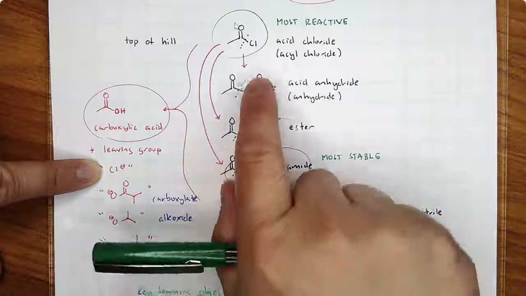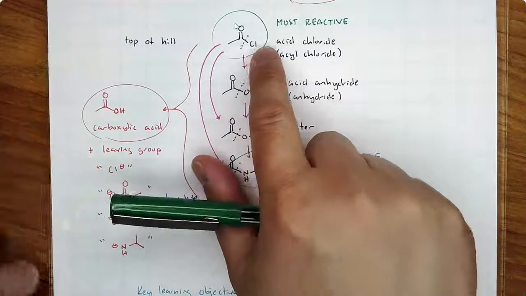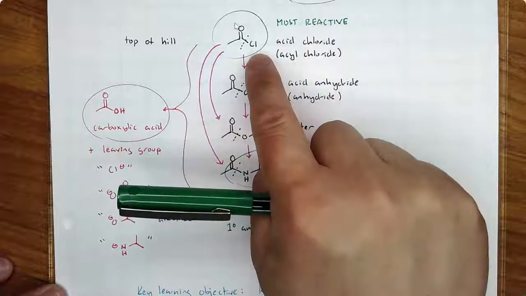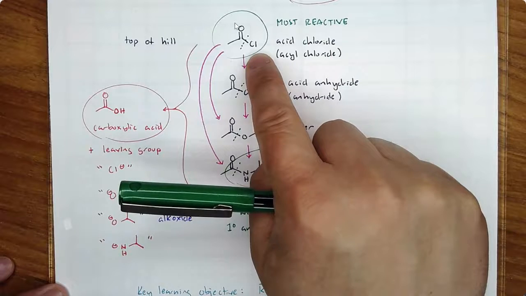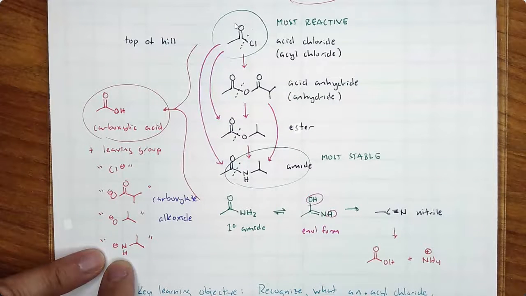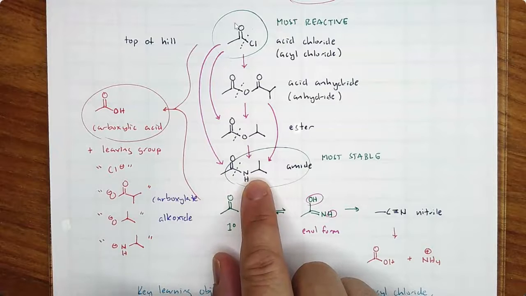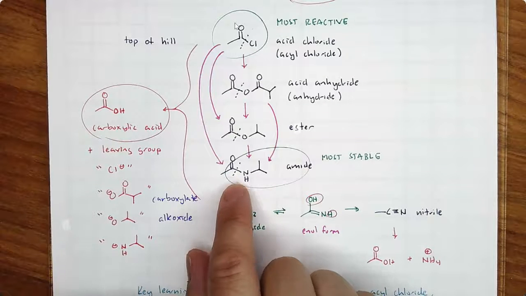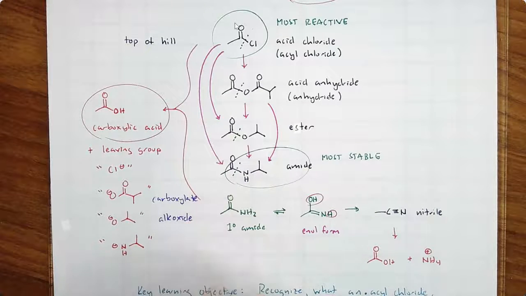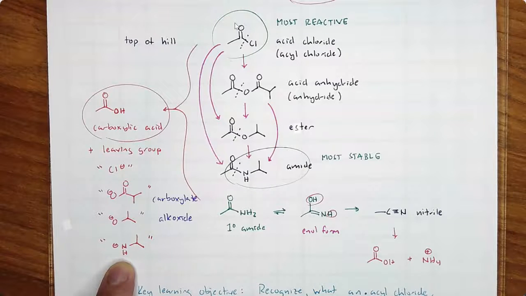So the more stable the leaving group, the more reactive, the more likely that molecule is going to undergo a reaction. The less stable the leaving group is, well, that molecule here has no really strong motivation to do any reaction where this is a leaving group, because that is unstable, or that is the least stable leaving group out of these 4.